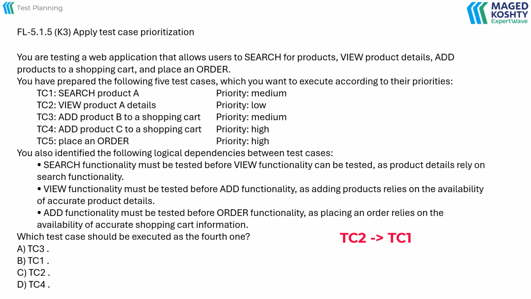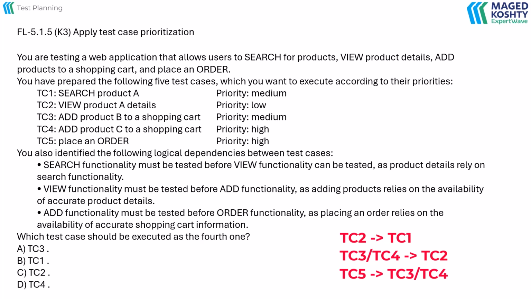View functionality must be tested before add functionality, as adding products relies on the availability of accurate product details. Test cases 3 and 4 depend on test case 2. Add functionality must be tested before order functionality, as placing an order relies on the availability of accurate shopping cart information. Test case 5 depends on test case 3 or 4.